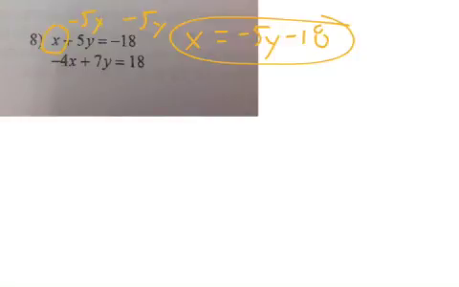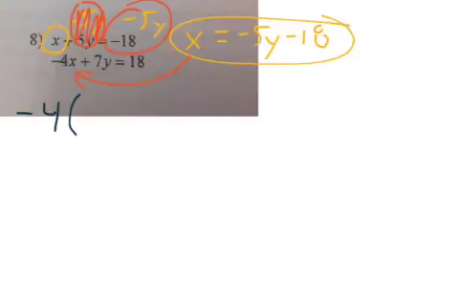Pause the video right now if you need to, but let's make sure we understand that 5y minus 5y, follow the red, would be 0. And of course this right here is my negative 5y minus 18. Alright, so now that we have x, can't we plug this back in for the other x? And of course, that's why we call it substitution. So let's see what we have now.